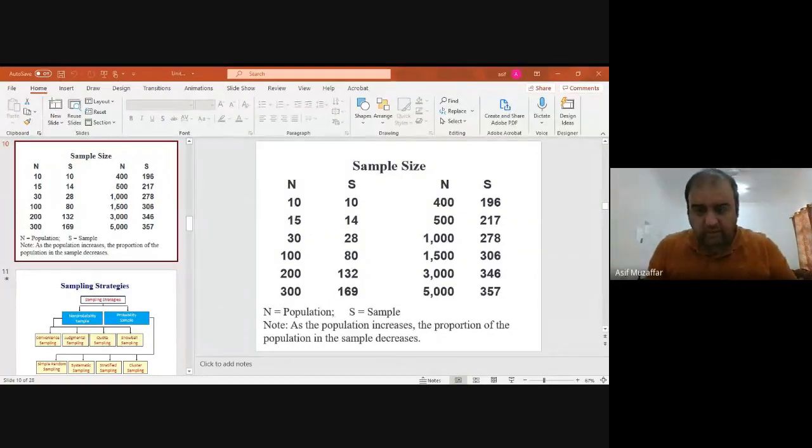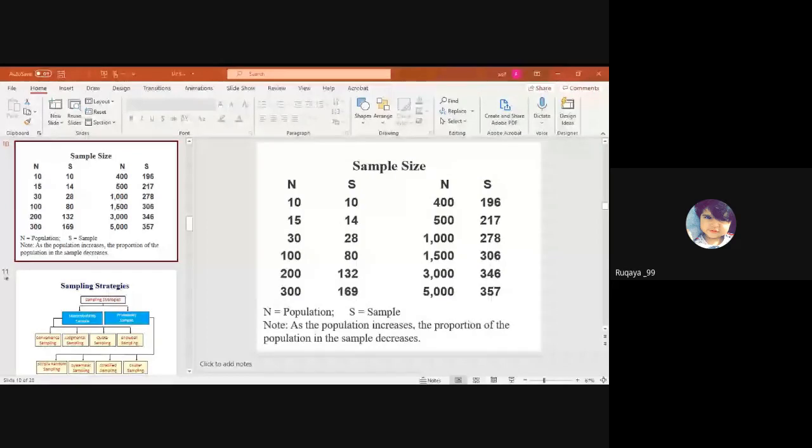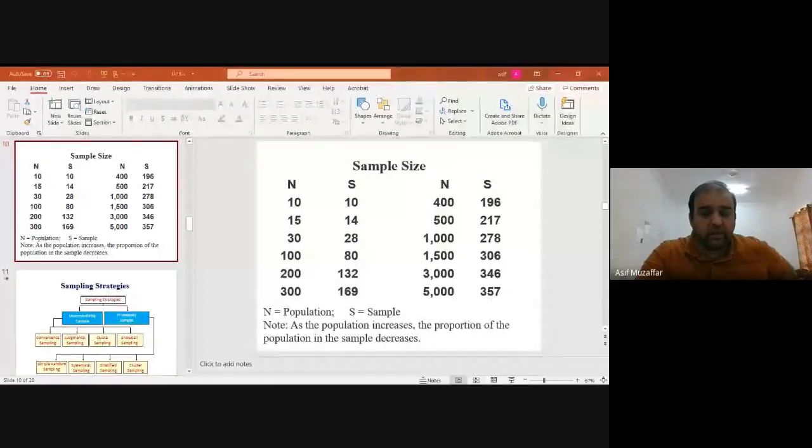Is it okay? Out of 217, 180 are male. It is okay. According to the rule of 30, females are more than 30, right? This is okay.